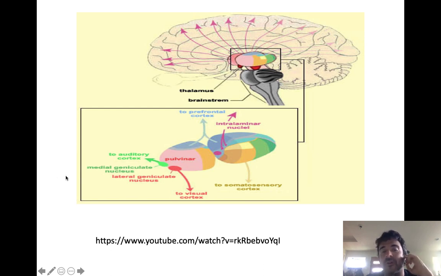That's an electrical signal that travels along a neuron, and ultimately that information will end up at the thalamus, and it will synapse with neurons in a nucleus that makes up the thalamus, in this case the medial geniculate nucleus, and then that information will be routed to the auditory cortex. Or information coming from the eye will go to the lateral geniculate nucleus and be routed to the visual cortex. Or information coming from the sensory receptors of the skin will go to the somatosensory cortex. It is a relay center for sensory information.